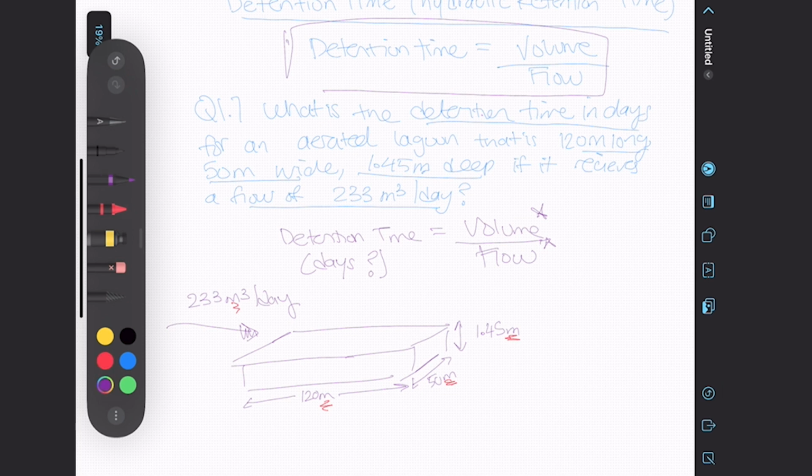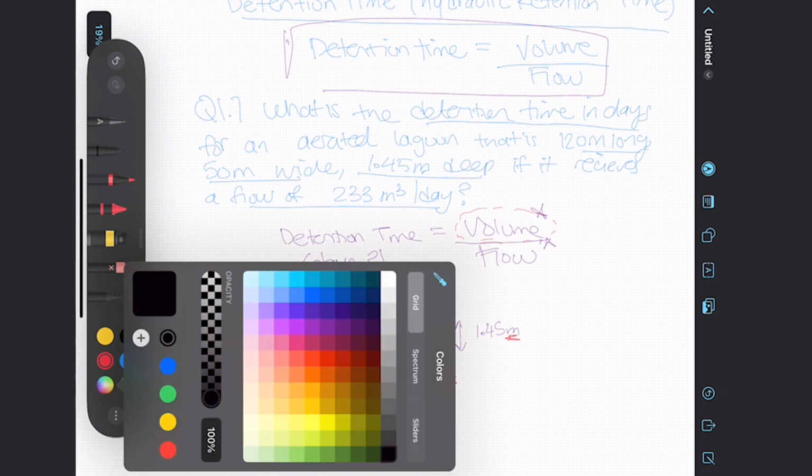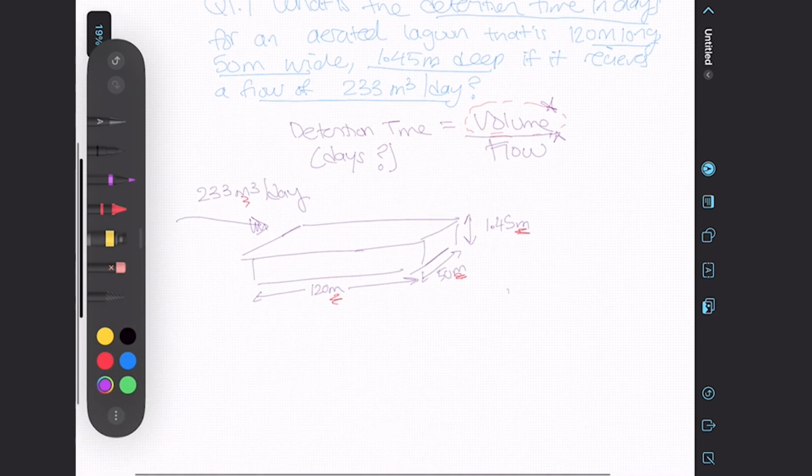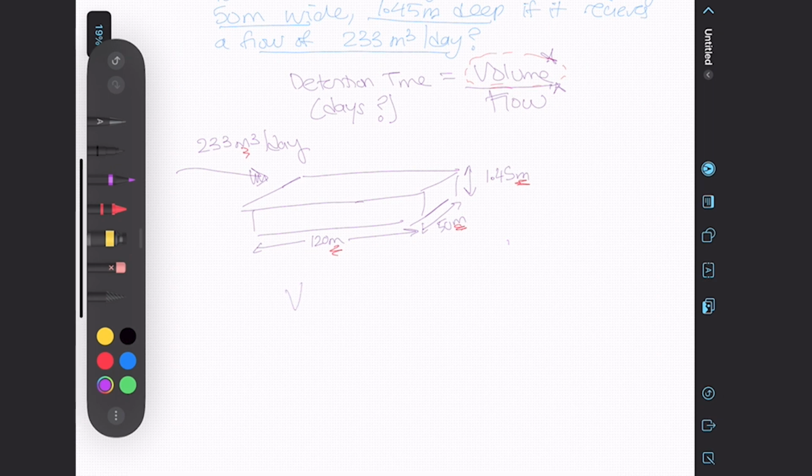So to be able to solve and use this formula, we do need to find the volume. So let's do that right now. The volume of this lagoon is going to be length times width times height. Our length is 120 meters, our width is 50 meters, and our depth is 1.45 meters.